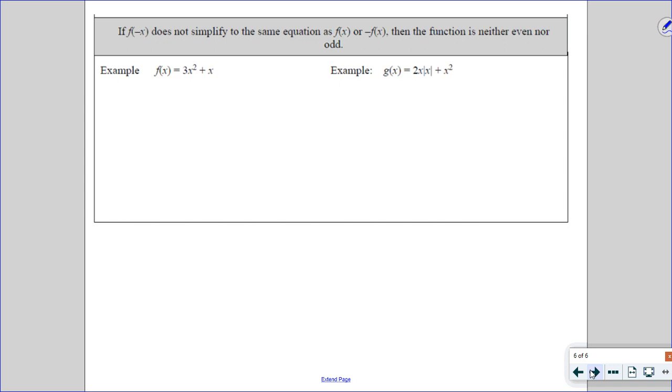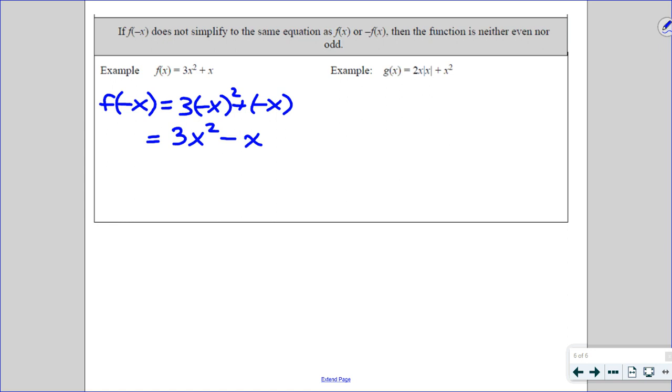Let's say f of x equals 3x squared plus x. Again, if I replace x with negative x, and I simplify, negative x squared is positive x squared. So my first term I can just write as 3x squared. And then I'm adding a negative x, so that'll change to subtracting x.